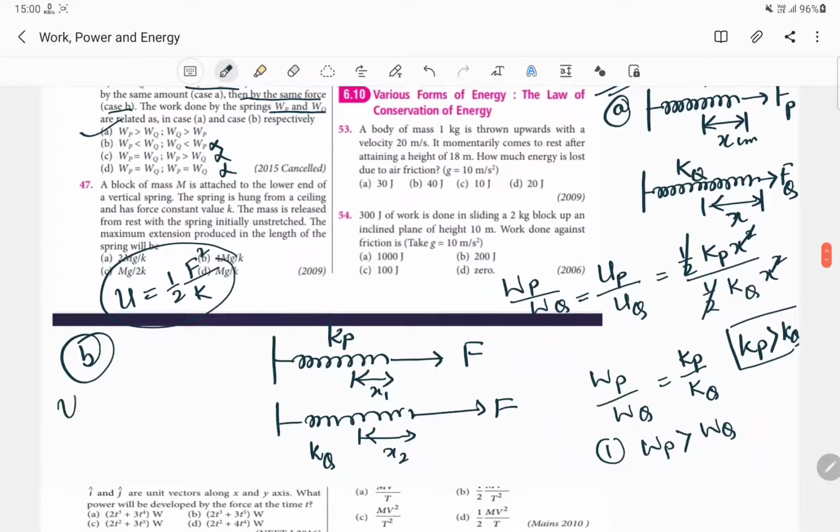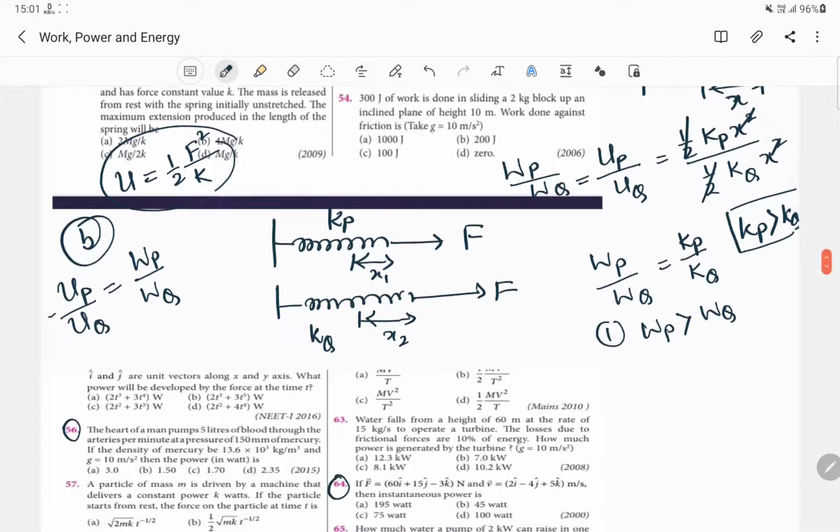So UP divided by UQ will be equivalent to WP divided by WQ, and we just put the values here.